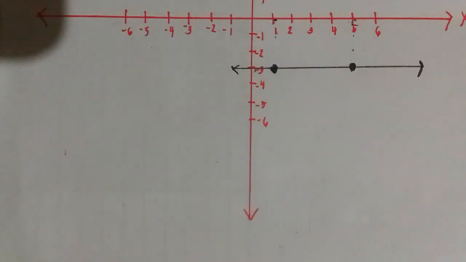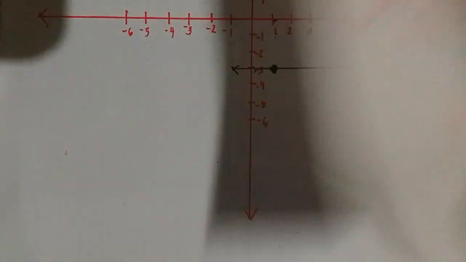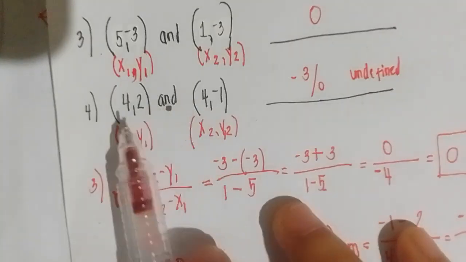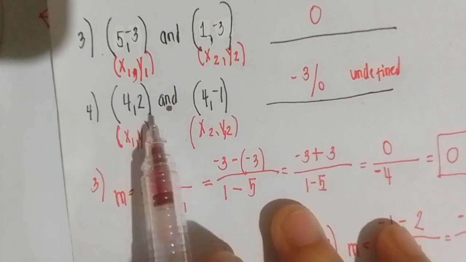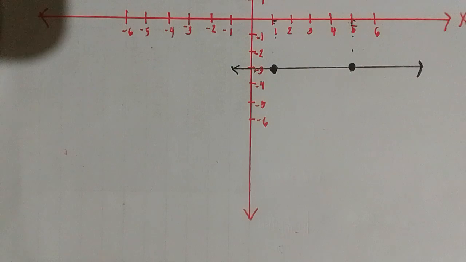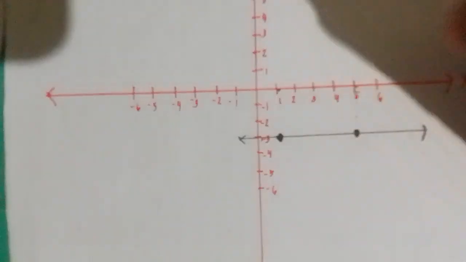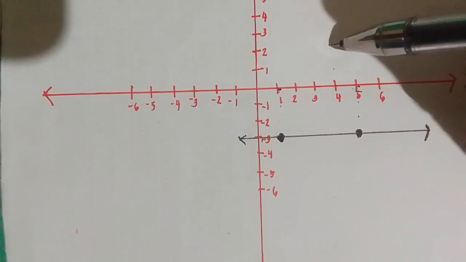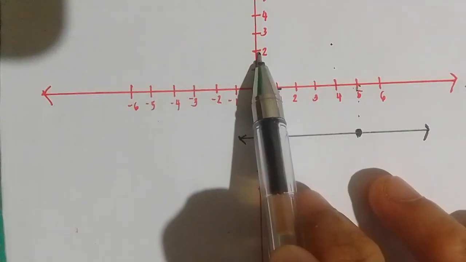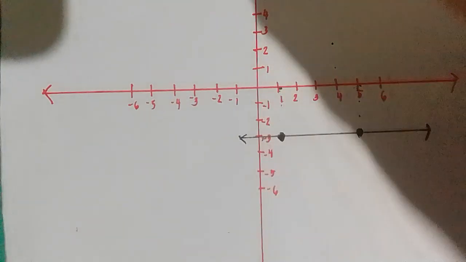Okay, lastly, let us try to sketch the graph. First point, 4, 2. 4, 2. So, positive 4 here, and then positive 2. So, going up, 1, 2. Dapat tungod siya nga y-axis nga positive 2.